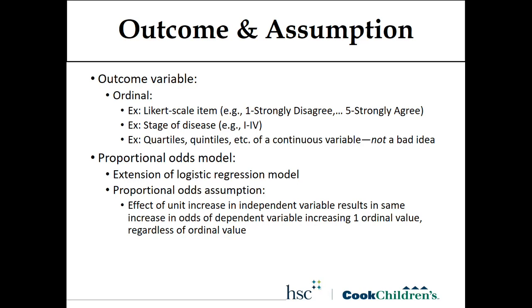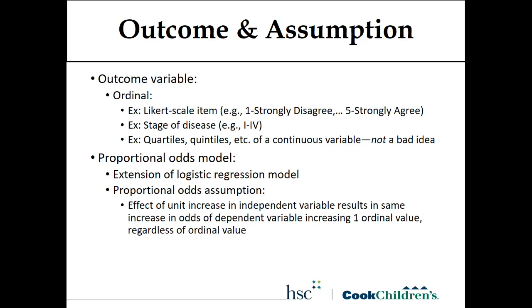You have 5 categories, and theoretically the higher the rating on that scale, the more strongly you agree. If you disagree versus strongly disagree, you disagree a little bit less and agree a little bit more with that item.